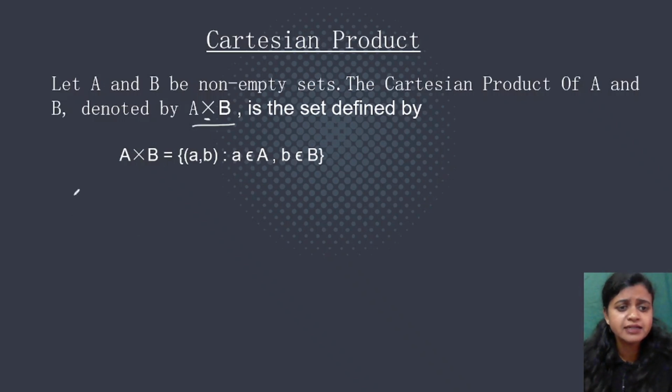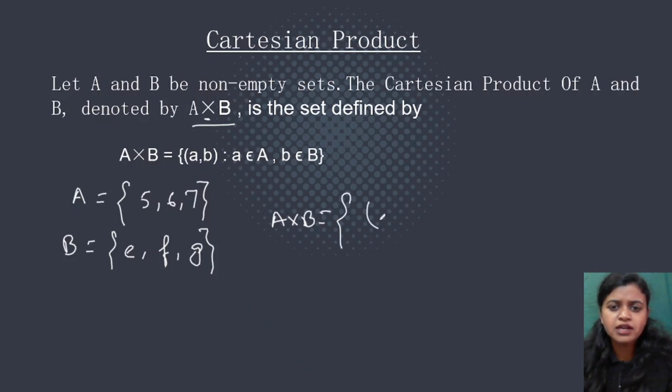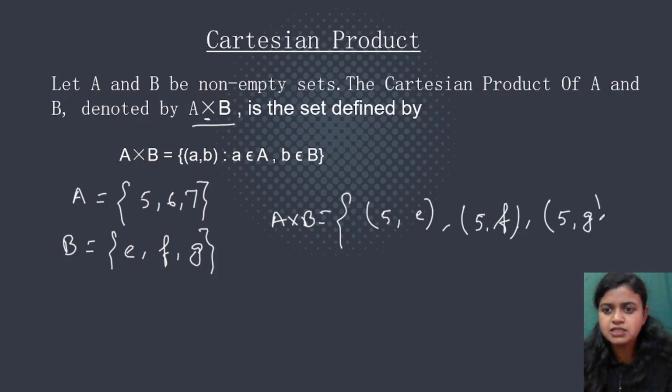So let us take an example. Set A equals {5, 6, 7}, and B equals {E, F, G}. These are the elements of A and these are the elements of B. So if I define A cross B, we'll find the ordered pairs: 5 with this element, (5, E), and next 5 to this element, (5, F), and next 5 to G, (5, G).